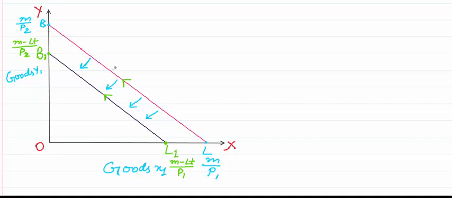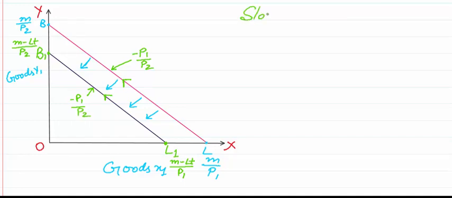Now the slope of the budget line on both the lines remains same as minus P1 by P2, because the price of both the goods remain constant as P1 and P2 for X1 and Y1 respectively. So we can say that there is no change in the slope.